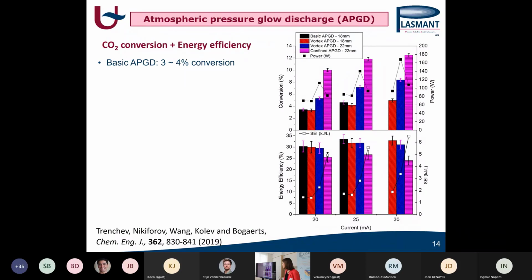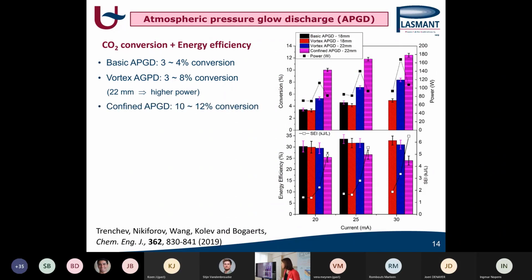And the results are shown here. So for the CO2 conversion in the upper figure and the energy efficiency in the lower figure, with the basic design, we only had like 3 to 4% conversion. For the vortex design, it went up to 8%, so especially at the higher powers, it was a bit better. For the confined design, it was up to 12%.